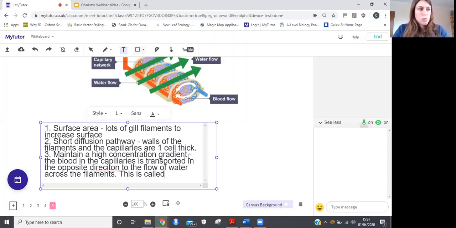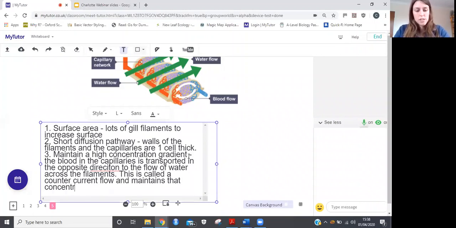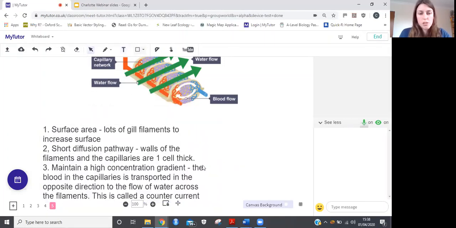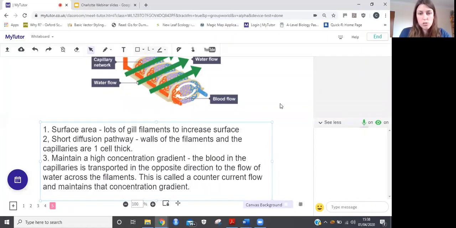This is called a countercurrent flow and maintains that concentration gradient. So it keeps the blood flowing in the opposite way to the water, so that you've always got water that's full of oxygen coming into contact with blood that doesn't have much oxygen in it at all.